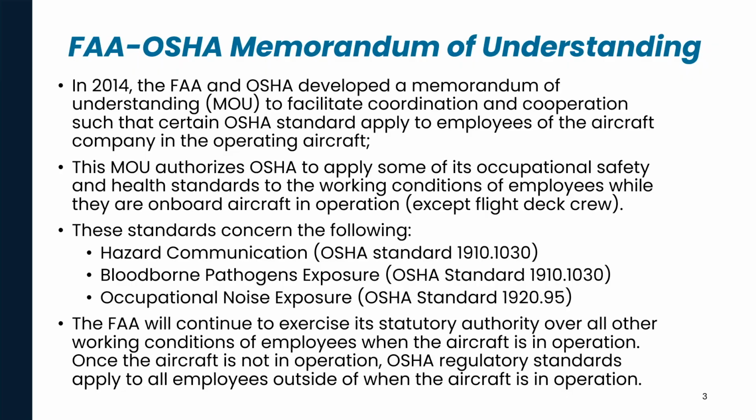You're not going to get a full understanding of the program from this, because the OSHA standards are written vaguely so that you have to analyze how you operate, and that way you can write a bloodborne pathogen program to meet the requirements of your operation or your business. Next slide. Just touching on the OSHA FAA Memorandum of Understanding again, 2014. This addresses these three standards when the aircraft is in operation: HAZCOM, bloodborne pathogen, and occupational noise exposure.